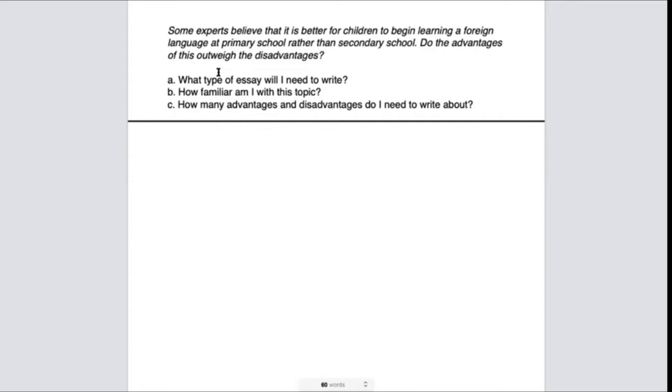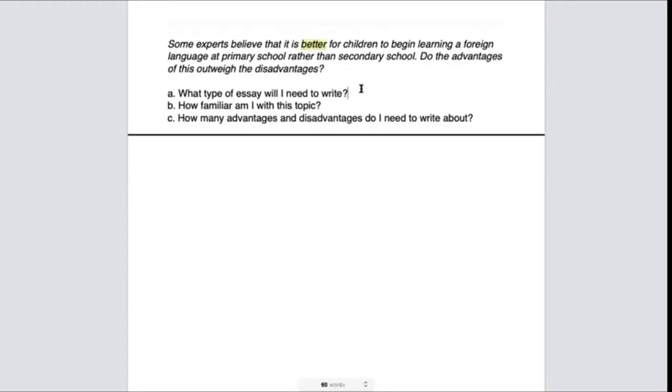So, some experts believe that it is better, I'm going to go ahead and underline this. For children, now this is our subject, so I'm going to underline that. To begin learning a foreign language. And this is important because it talks about the subject that we're going to be thinking about.